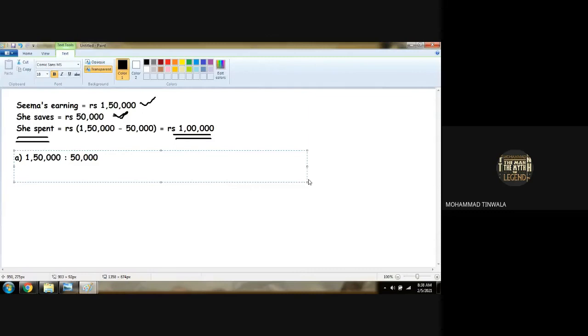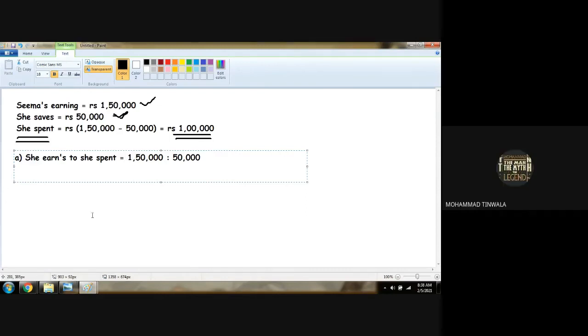Over here you have to write the statement: Seema earns to Seema saves.